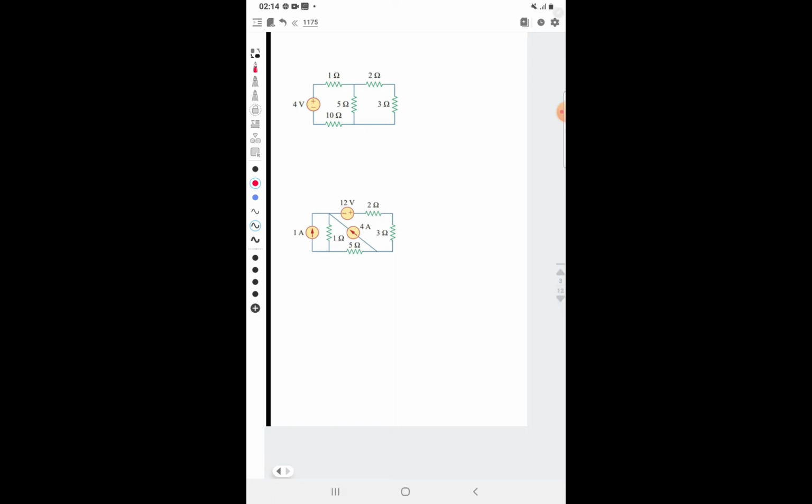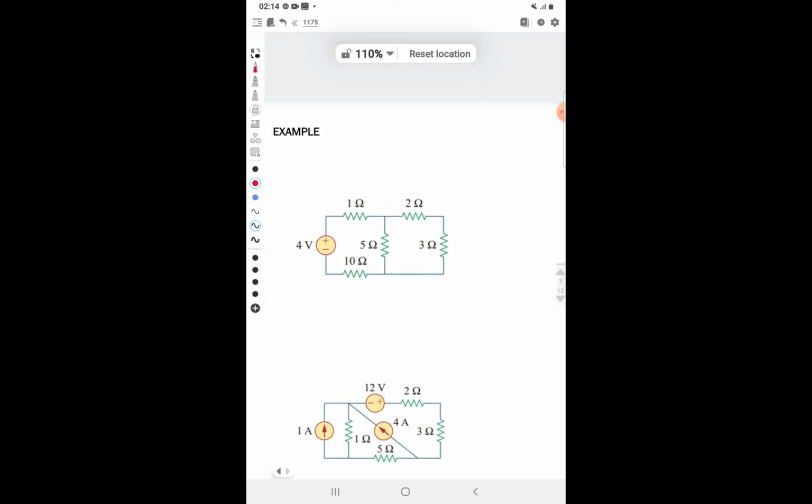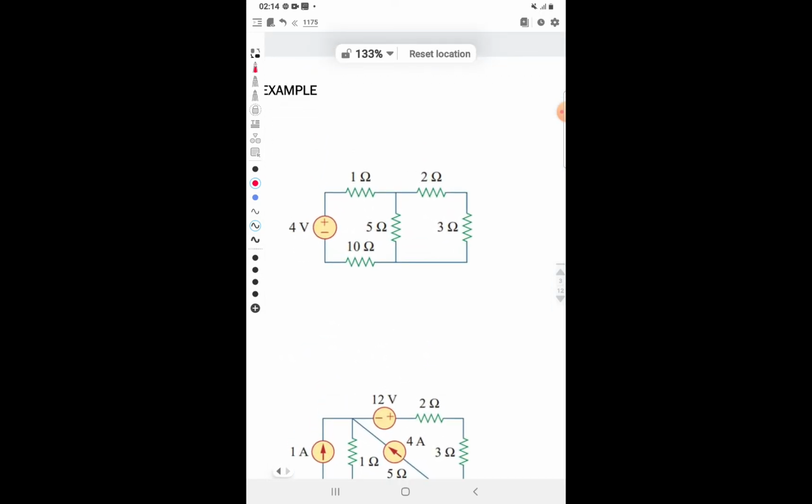So another example, similar question with the first one. So ngayon, dito identify natin yung mga element. So what are our elements? So we have 1, 4 volts, 1 ohm, 10 ohms, 5 ohms, 2 ohms, 3 ohms.